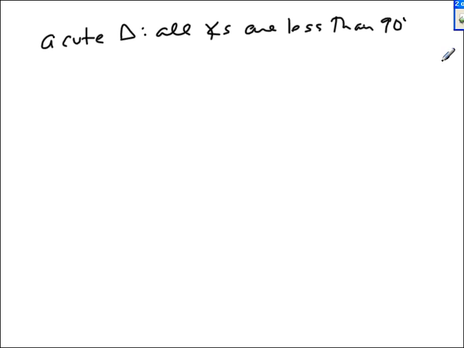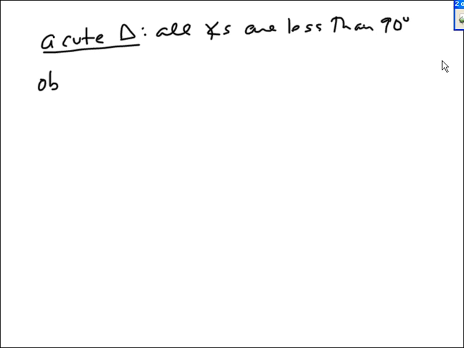Now, I want to give two more definitions. An acute triangle: all angles are less than 90 degrees. Acute triangle.